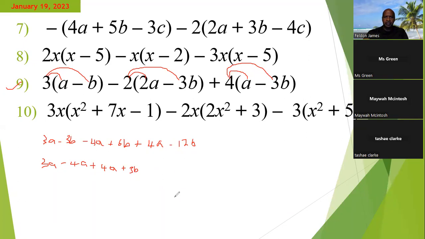Is it plus 3B? No, sir. Hold on. This is 3B here. Oh, yes, so minus 3B, sir. Negative 3B.